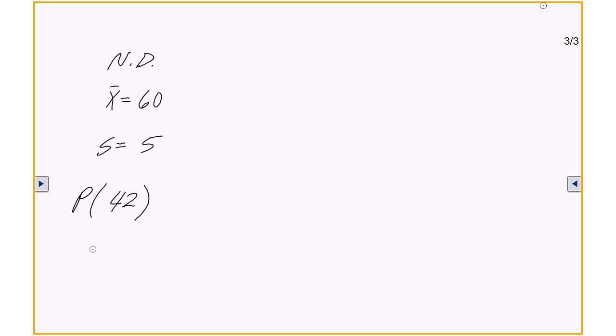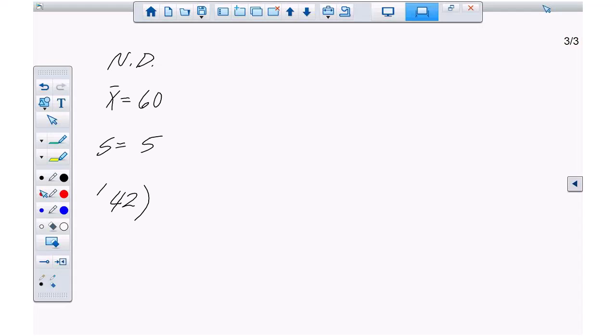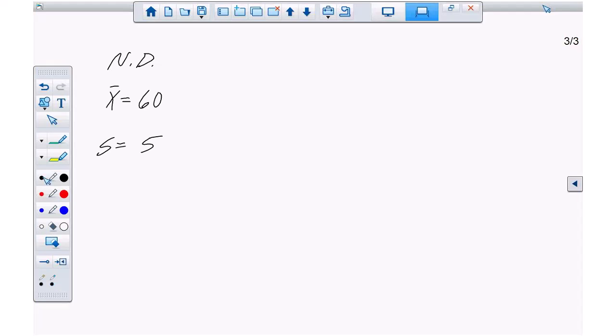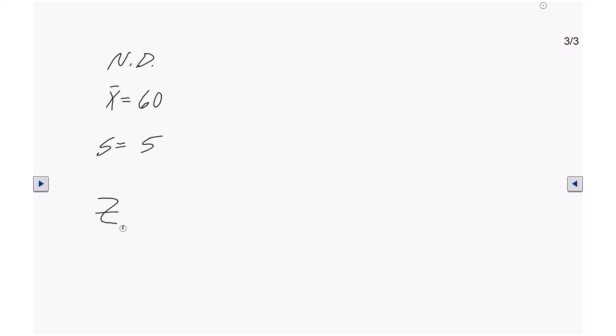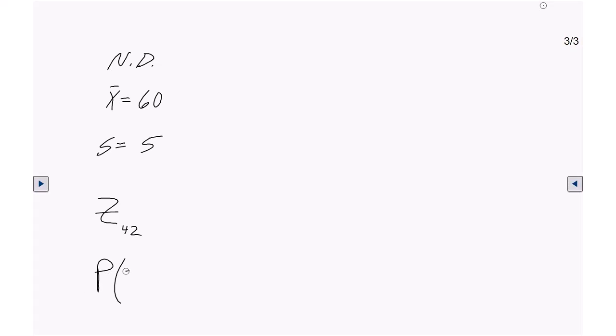I want you to find the probability at 42 and the z-score at 42. Find z at 42 and then find the probability of 42. Let me just rewrite this because I screwed it up. This is how you'll see it written. I want you to find z at 42, and then find the probability of z at 42.